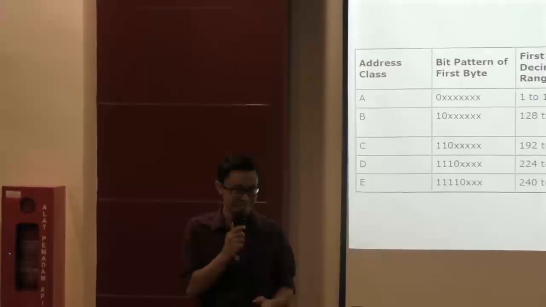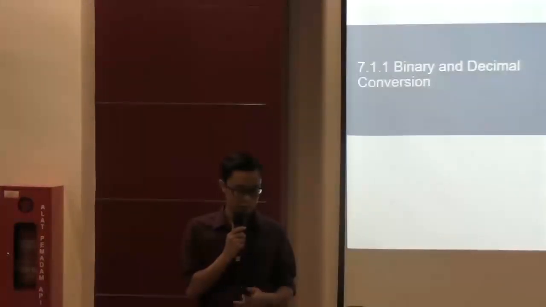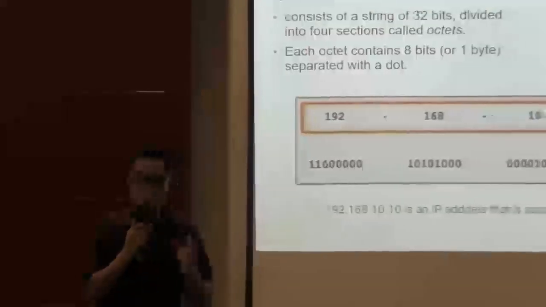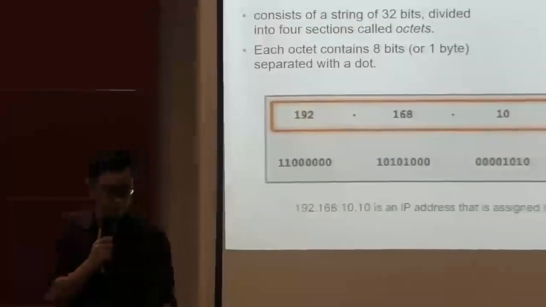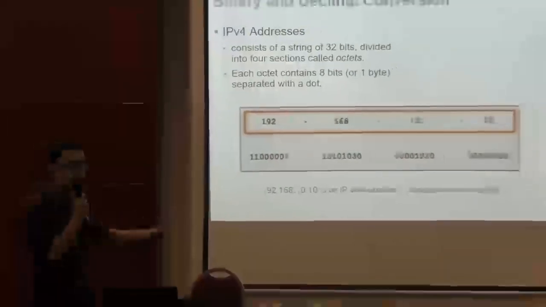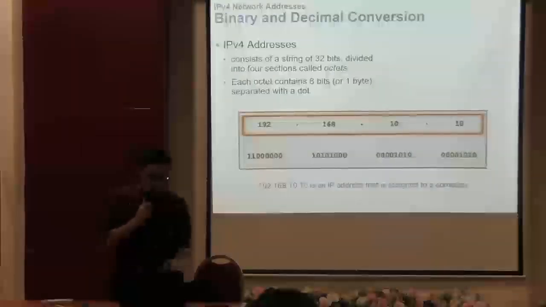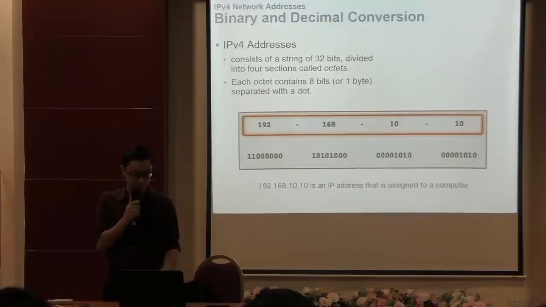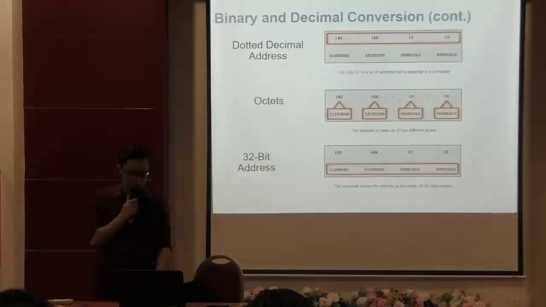Understand? Okay. So we go to binary and decimal. IPv4 consists of a string of 32 bits divided into 4 sections. We call each an octet. Each octet contains 8 bits. When we total all the octets, you get 32 bits.